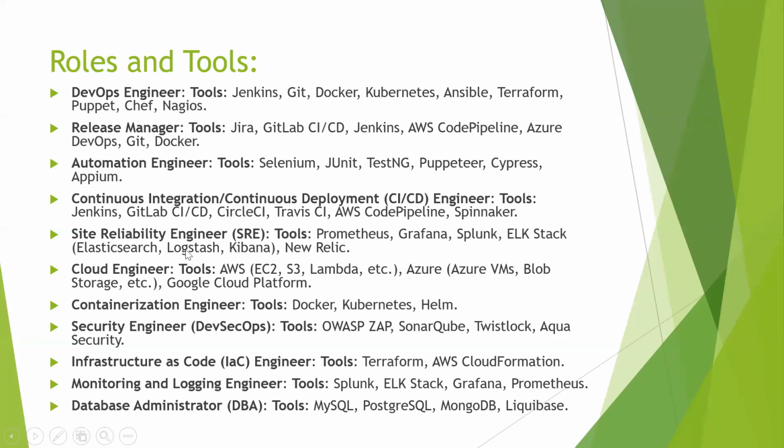And site reliability engineer, that means SRE engineer, who will be continuously monitoring the servers and the applications. That will be in the last stage. The monitoring tools are Prometheus and Grafana, especially for Kubernetes, and ELK, which is a log analysis tool which will take care of the logs generated by the servers.